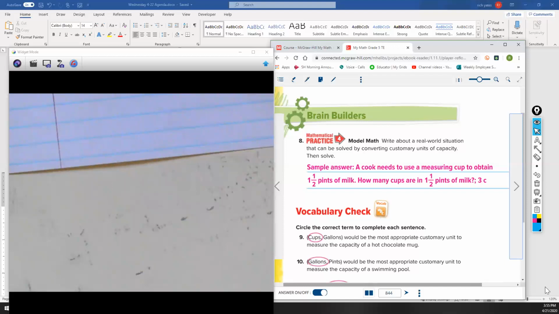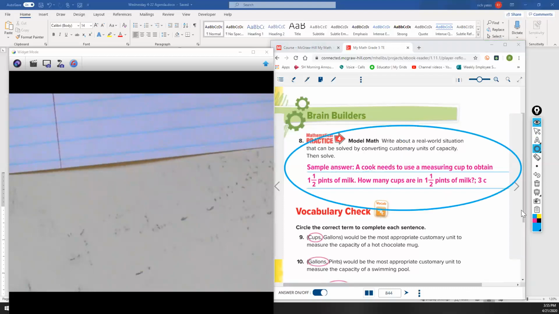On number 8, your accountability, instead of filling out a survey today, is you're going to be going on to Flipgrid. And by the way, don't tell me that your problem is a cook needs to use a measuring cup to obtain 1 1/2 pints of milk. How many cups are in 1 1/2 pints of milk? 3 cups is the answer. If you give me that word problem, I will know you copied that right off of here.